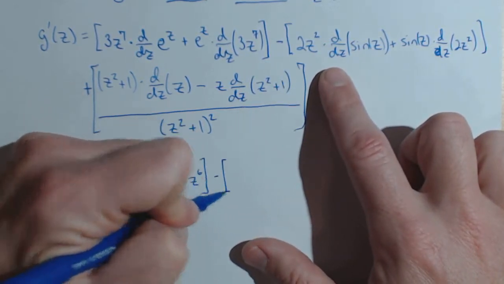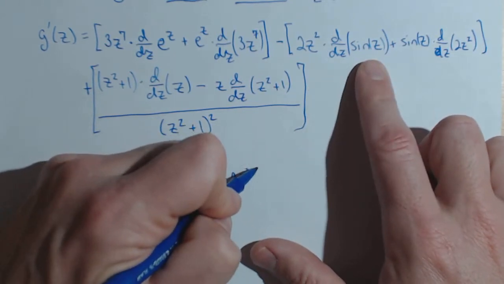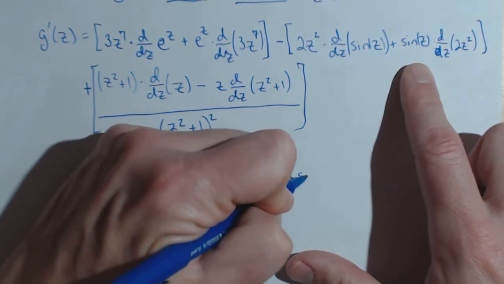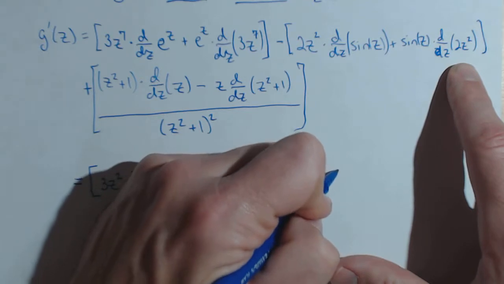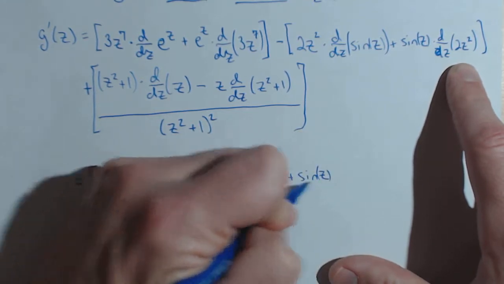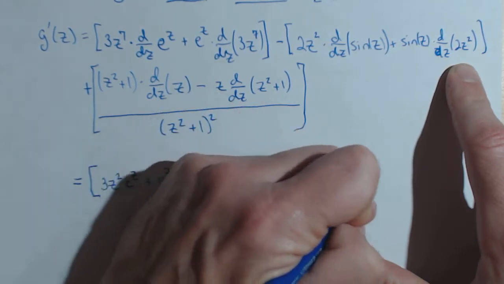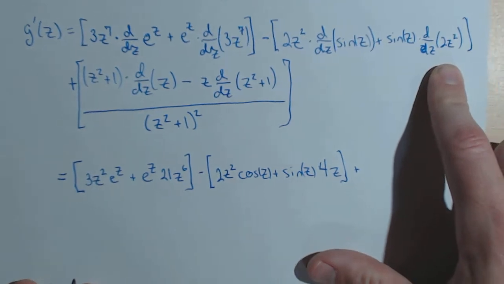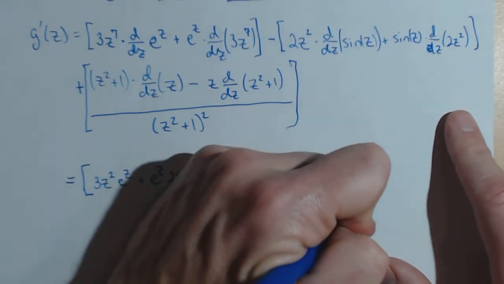Minus. Next piece. 2z squared times the derivative of sine of z, which is cosine of z, plus sine of z times the derivative of 2z squared, which is 4z by our power rule, plus, might be able to now fit this last little piece in here from our quotient rule.